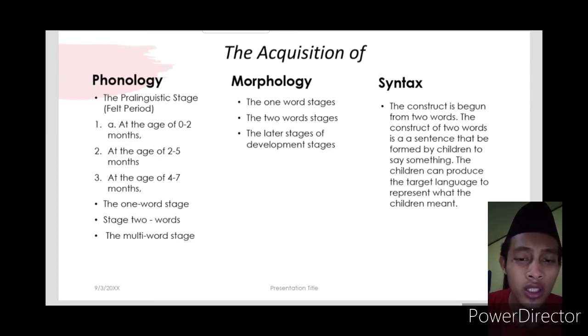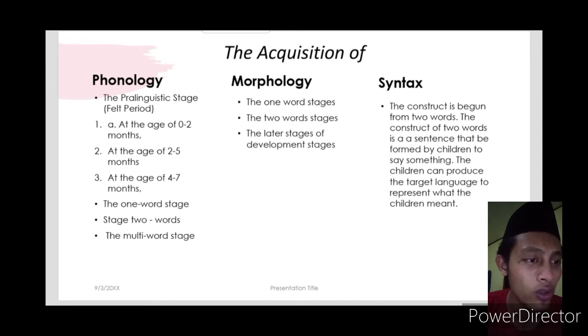In acquisition of morphology for children, there are 3 stages. The first is the one word stage, and it is also called the first stage. In this stage, a 1-year-old child names people, objects, pets, and other family members or important parts of its environment.